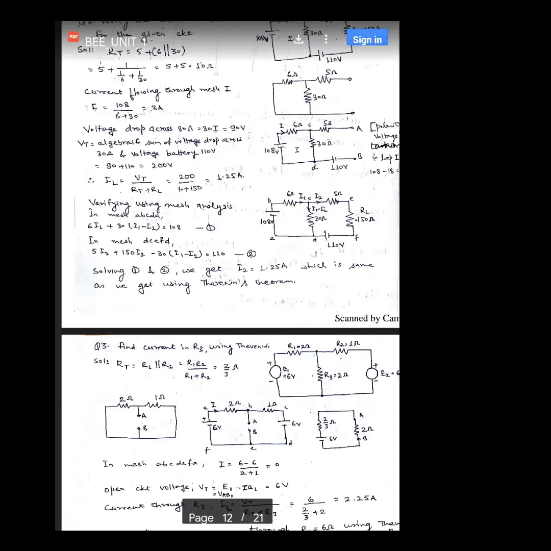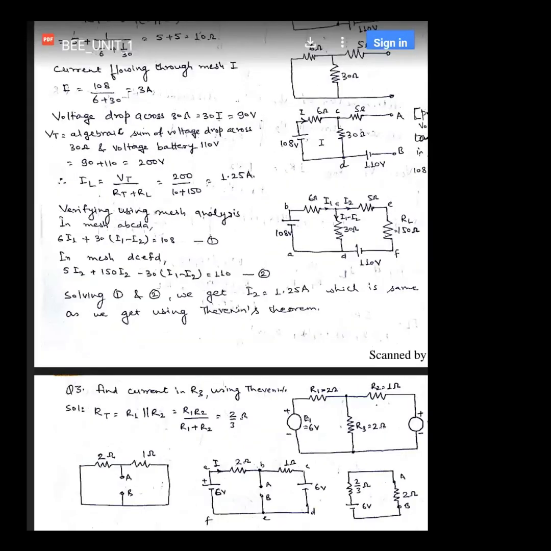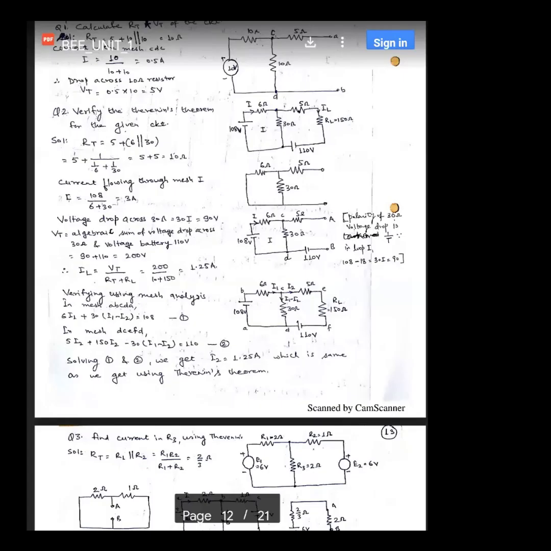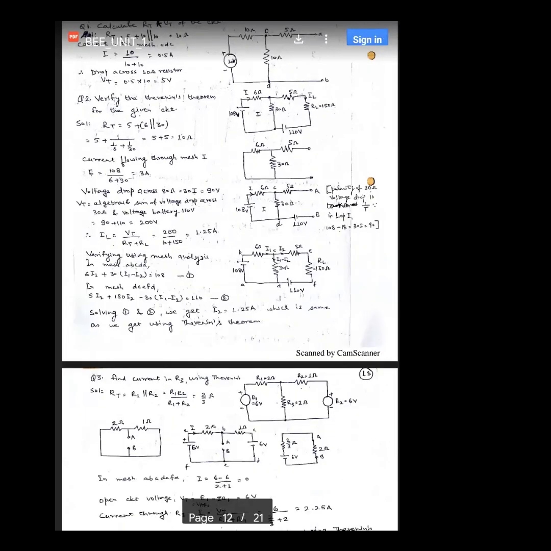Now if we consider the KVL application in the second loop, we get 5I2 plus 150 I2 minus 30(I1 minus I2) is equal to 110.